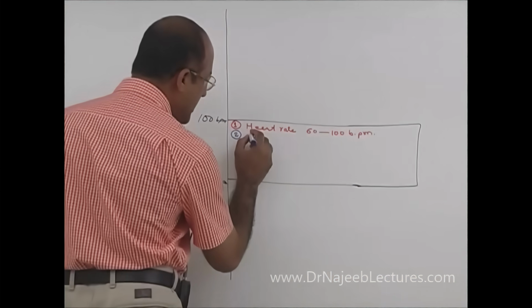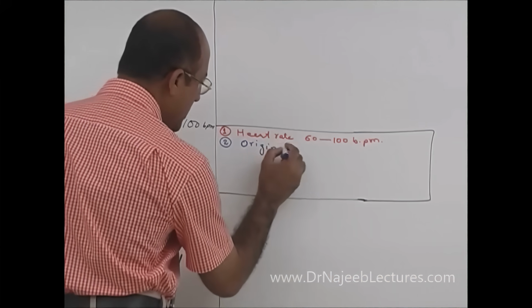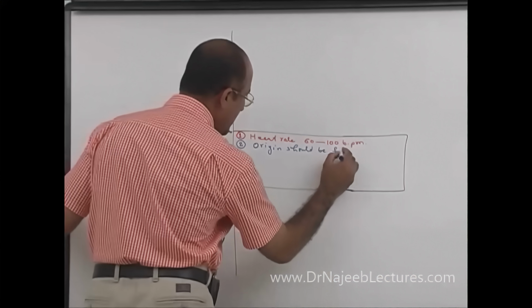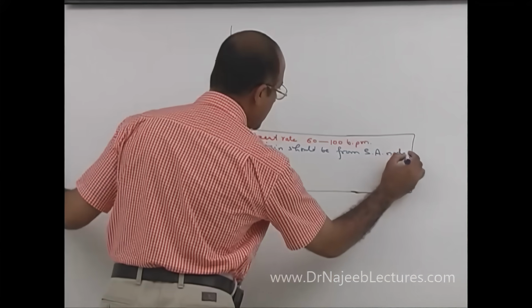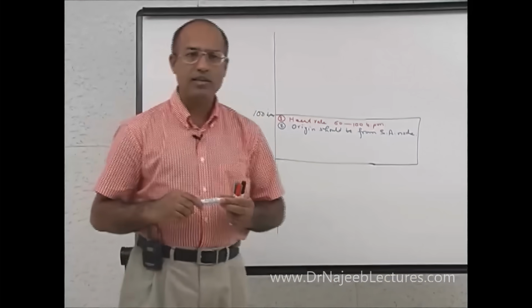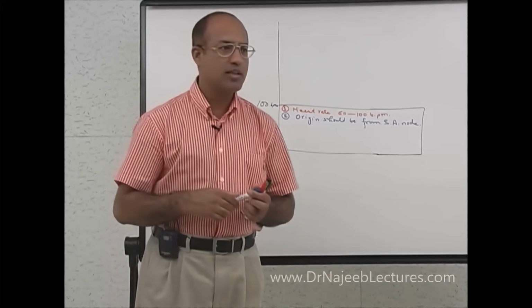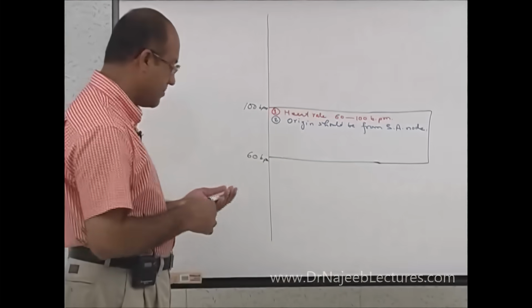If, for example, some impulses are not taking origin from the SA node, but from the atria or the ventricle or the AV node, then these are not considered normal cardiac rhythm.